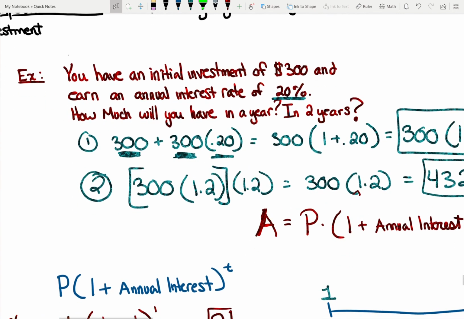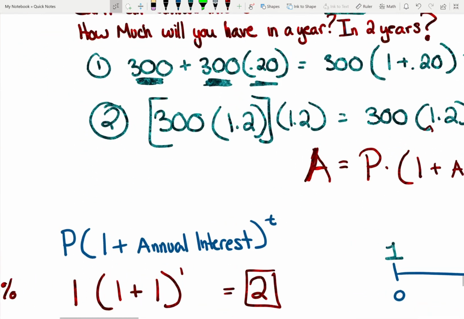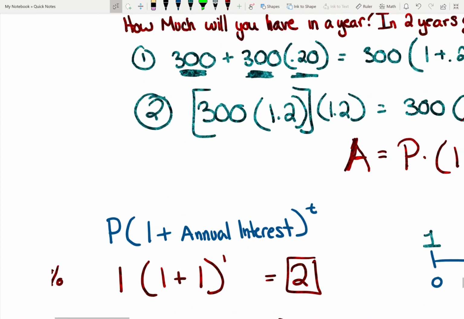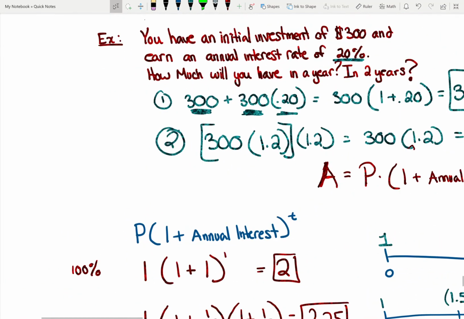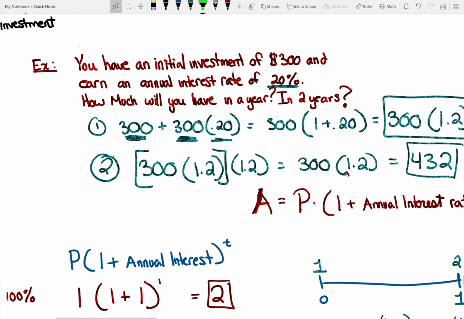I rewrote the equation again. I'm just going to write an A right here. So the accumulated value equals the principal times 1 plus the annual interest raised to the t.